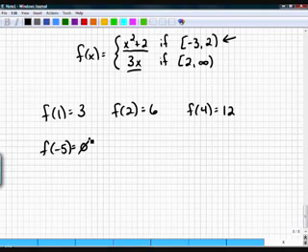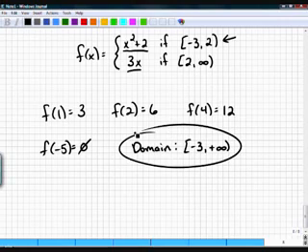This kind of leads us to the next problem. Since negative 5 is not defined, we cannot plug negative 5 in. It's not in the domain. The domain is the stuff that we can plug in. When it asks for domain, what can we plug in? We can plug in from negative 3 to positive infinity.